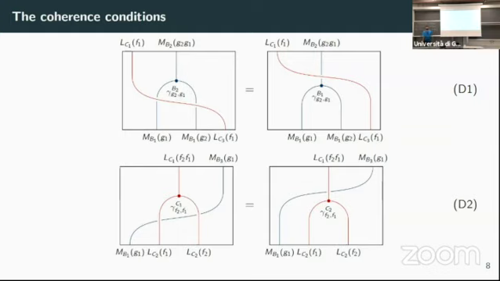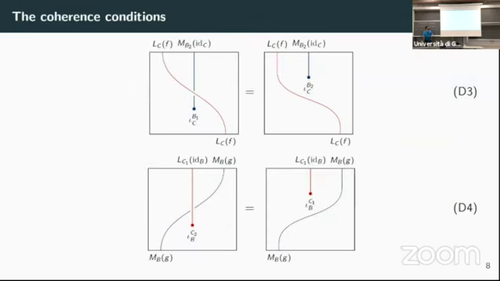You can just pull the wire upwards. And then there are the dual conditions where you have the blue wire crossing over, and you can just pull it upwards past the compositor. So this is the first set of conditions, the ones involving the compositor. Then we're going to have another pair of conditions involving the unitors, very similar.